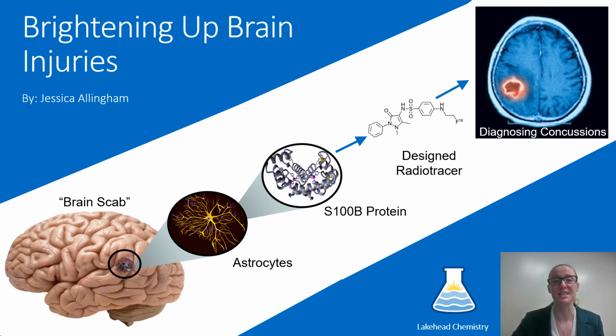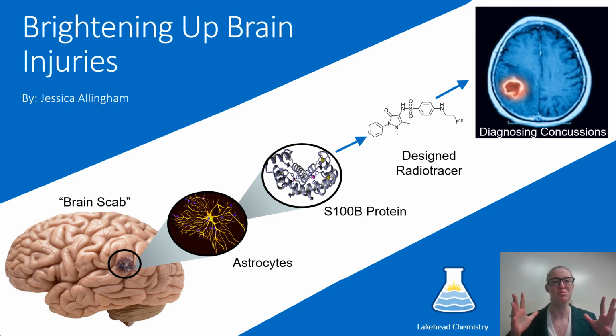So I synthesized a fluorine-18 containing compound specifically designed to bind to S100B. Once that compound is bound, it can effectively be imaged through the use of positron emission tomography, or PET for short, which measures the energy from the radioactive decay of the fluorine-18, and it depicts that energy density in a handy-dandy 3D image using a big, bright red spot, as you can see in the picture at the top of my slide.